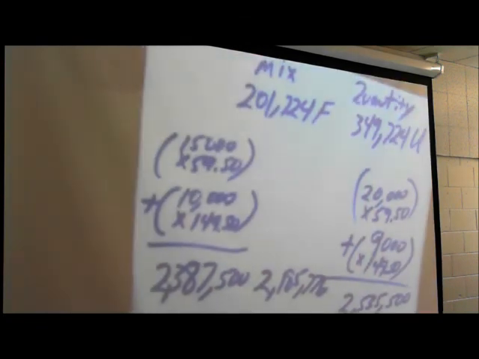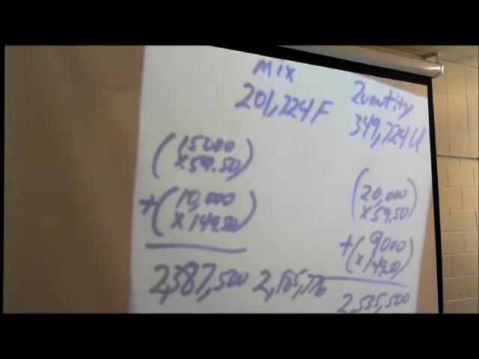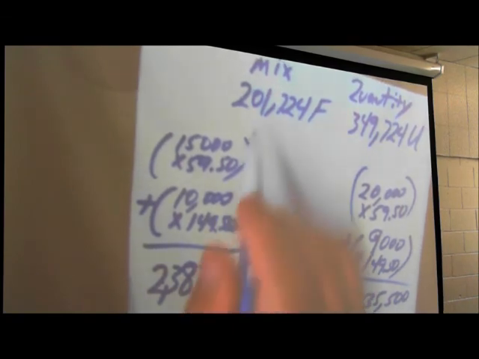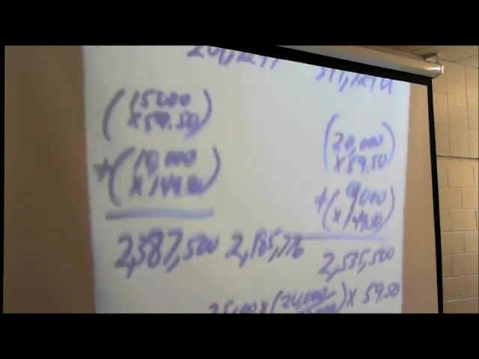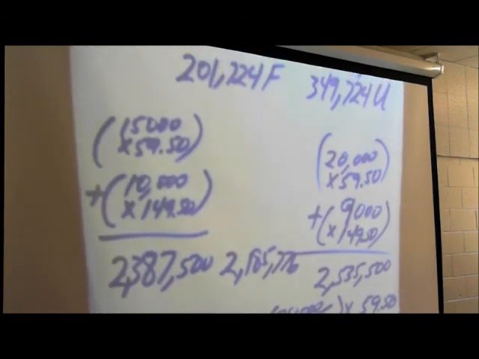Favorable or unfavorable? Number to the right is more, so unfavorable. Because we basically said that the activity variance was 148,000 unfavorable. So this plus this has to be equal to 148. Okay?